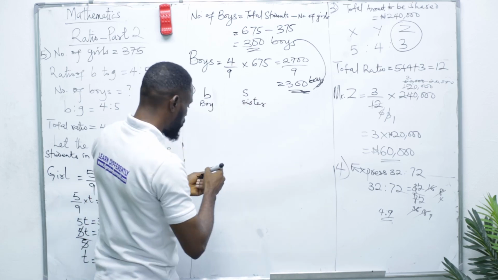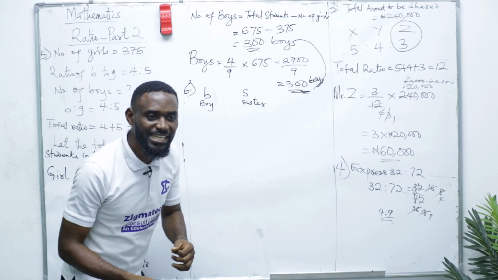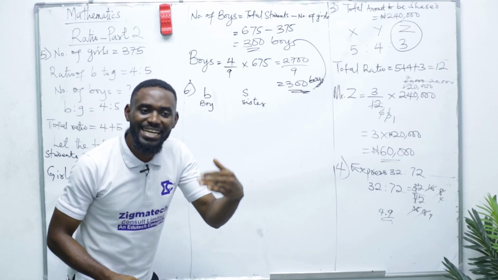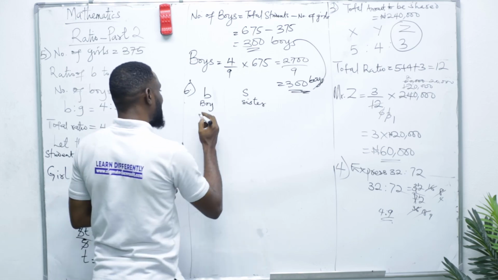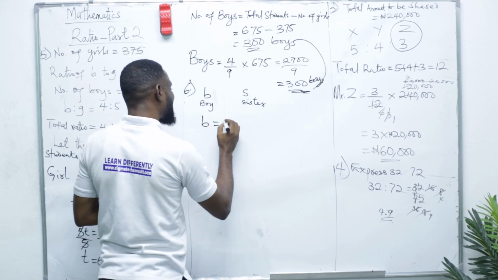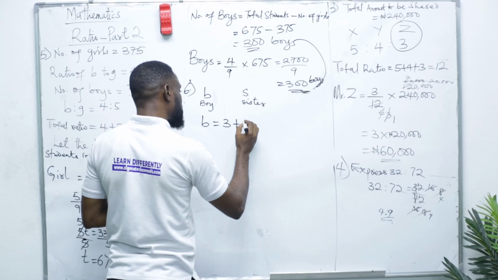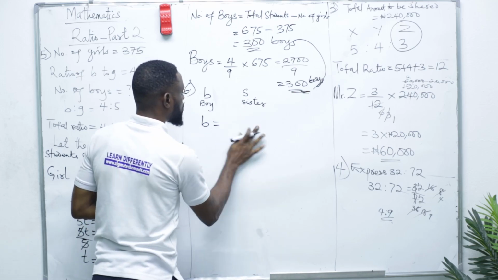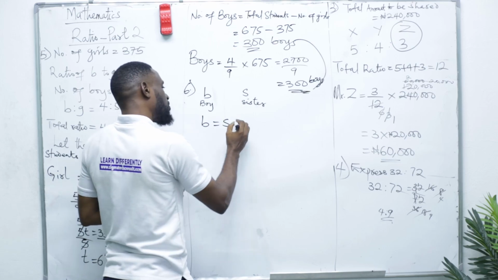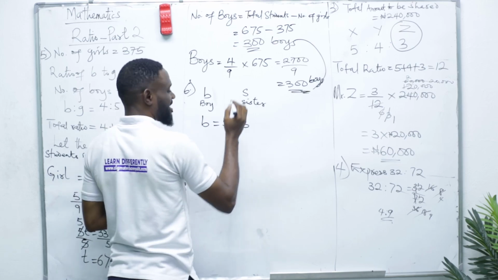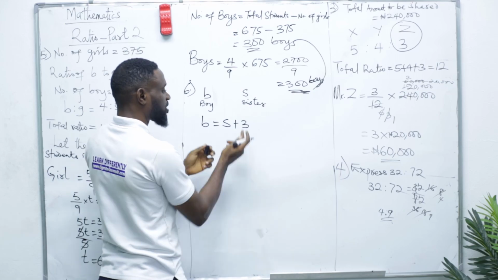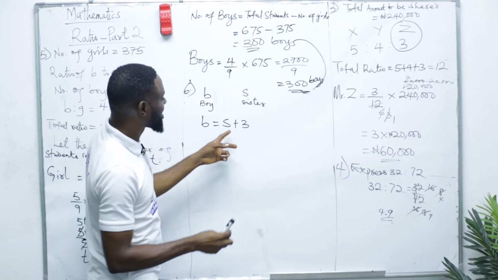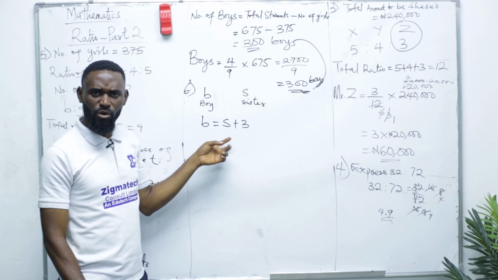So this boy is 3 years older than the sister. It means that his age is 3 years plus the sister's age. Do you understand the point now? Whichever way you put it, it is still the same thing: B = S + 3. So this is the age of this boy.